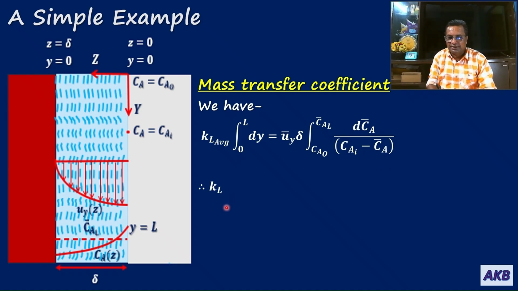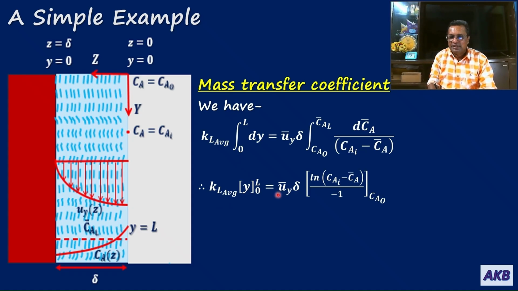Now let us integrate it. So it will be KL average, integration of dy is y, with limits 0 to L, that is equal to uy bar into delta, integration of dCA bar by CAI minus CA bar. It is ln of CAI minus CA bar divided by the coefficient of CA bar, and the coefficient is -1.